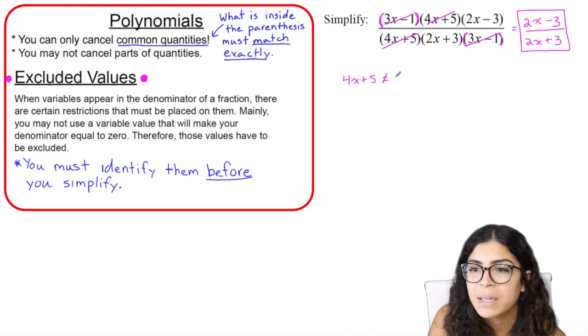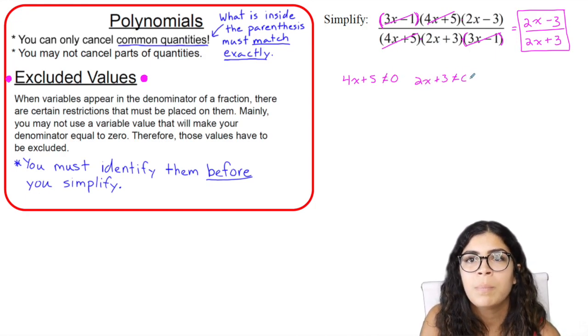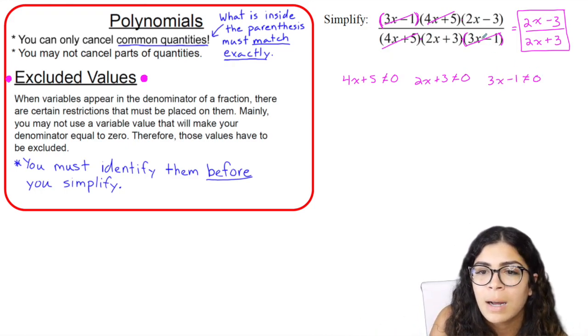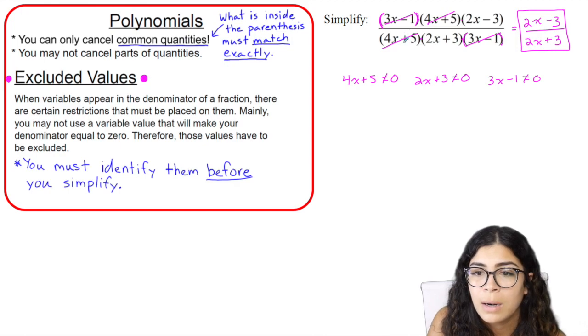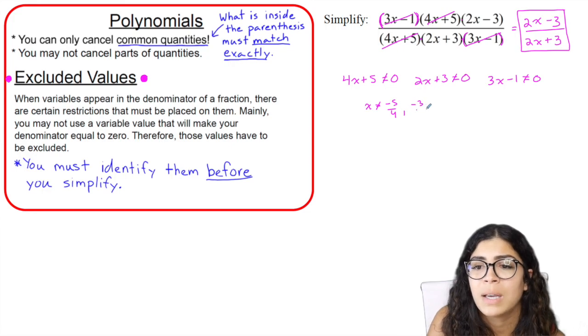And 3x minus 1, that cannot be 0. Because if any of these are 0, then the whole denominator would be 0. So x cannot be either negative 5/4 or negative 3/2 or 1/3. And that is a part of the answer.